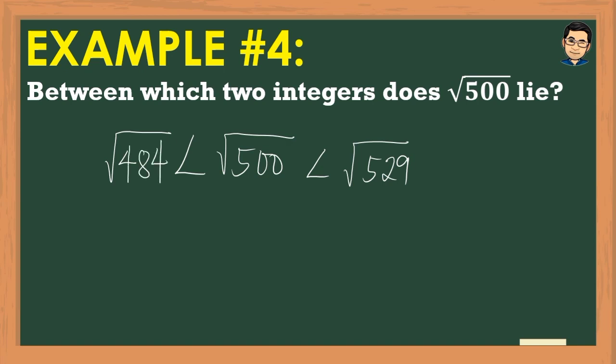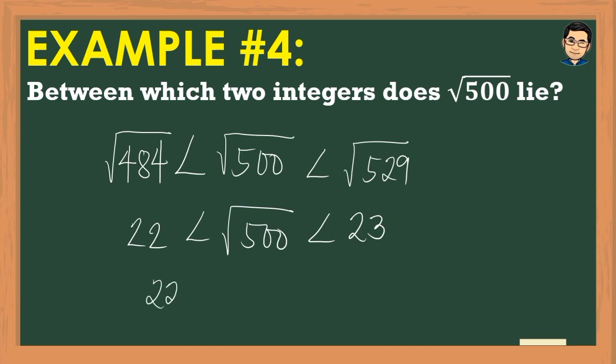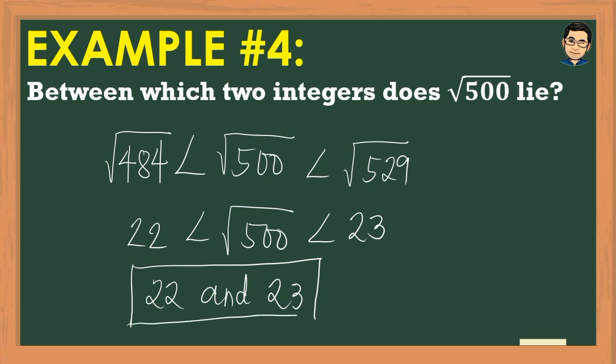So, the square root of 484, that is 22. And then, the square root of 529 is 23. Okay. So, between which two integers does square root of 500 lie? So, our answer will be 22 and 23. So, kung doubtful po kayo sa sagot nyo, pwede nyo namang i-multiply yung mga numbers. So, like for example, 22 times 22, and then 23 times 23. Okay, so makikita nyo nasa pagitan yung 500.